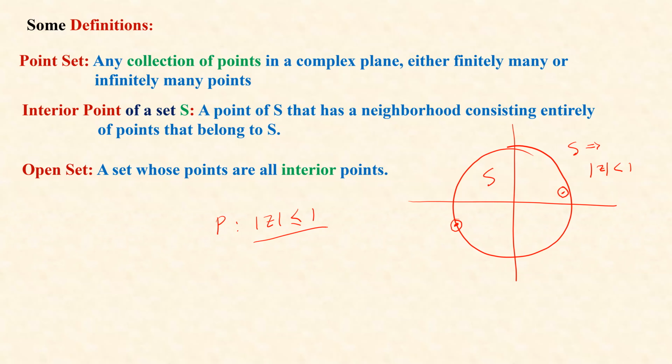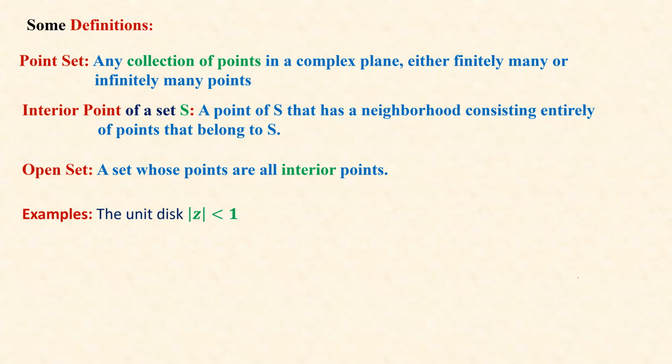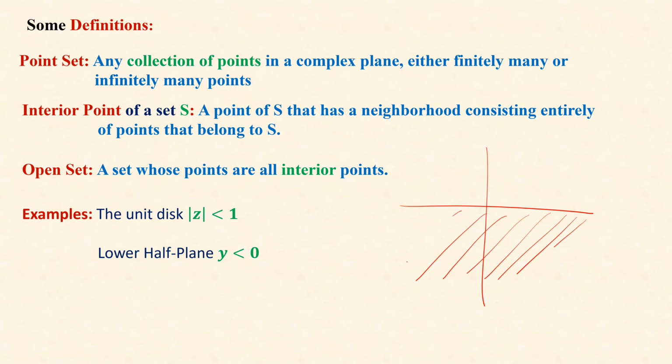All right. As I said, examples of open sets are the unit disk, absolute value of z less than 1, or the lower half plane, which is defined by y less than 0. This is all the points below the x-axis, but it doesn't include the x-axis itself.